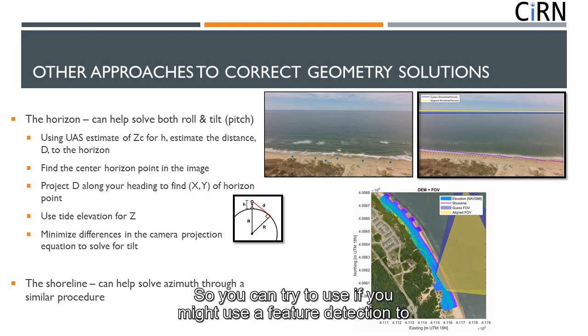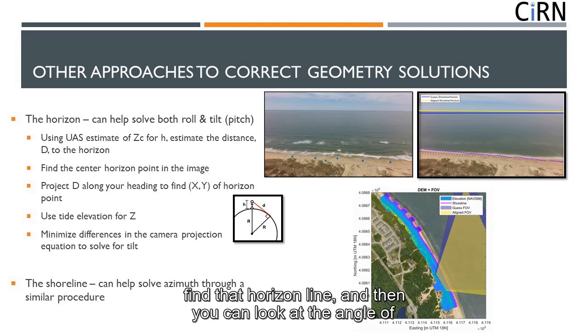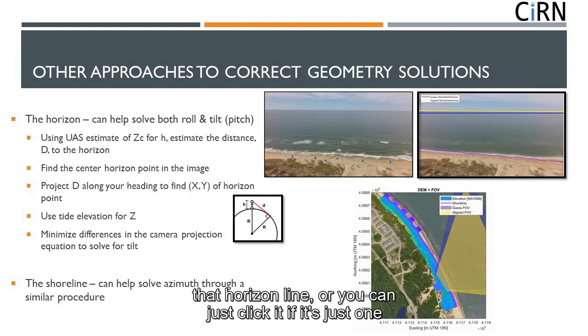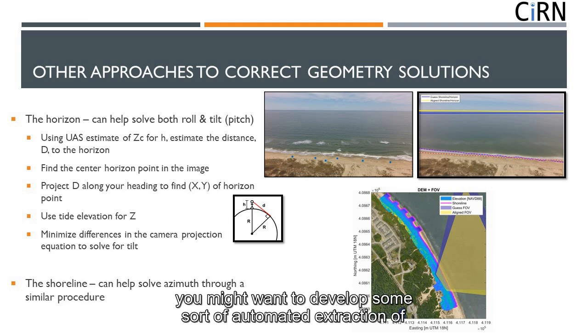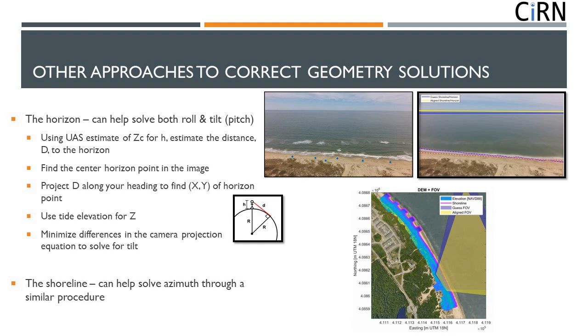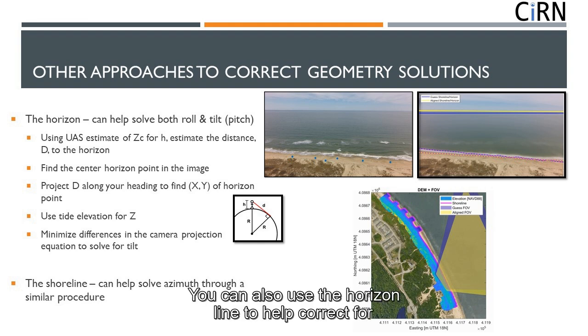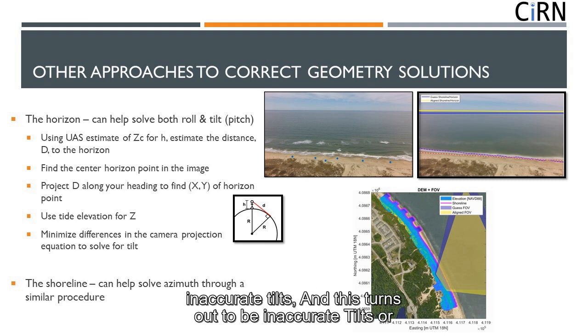You might use feature detection to find that horizon line and look at its angle, or you can just click it if it's just one image. If it's a UAV or something that's changing through time, you might want to develop some sort of automated extraction of the horizon line. You can also use the horizon line to help correct for inaccurate tilts.